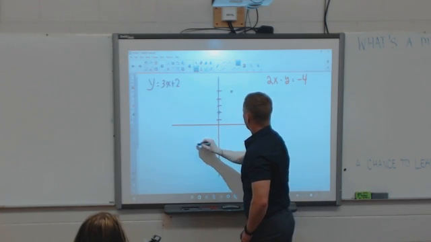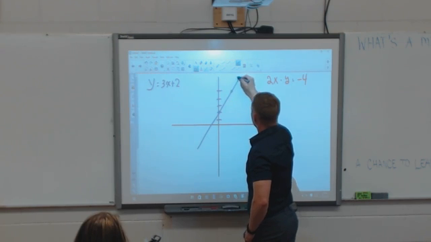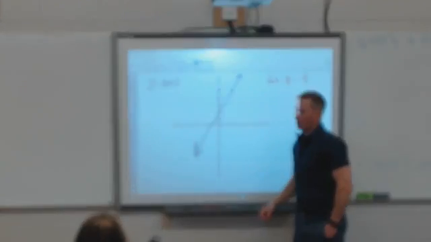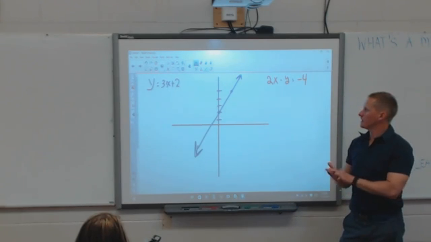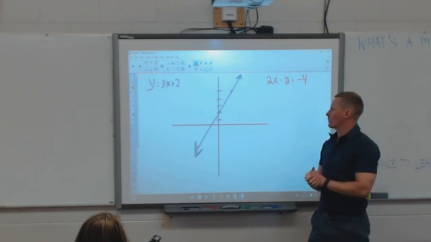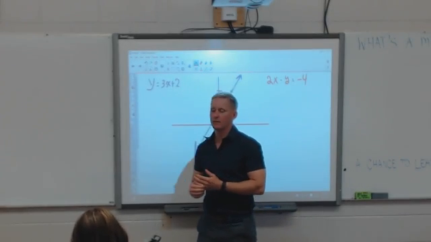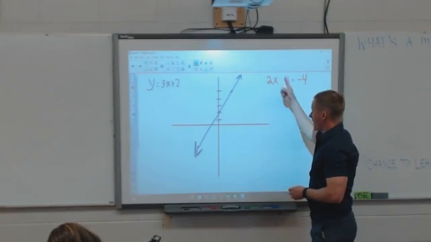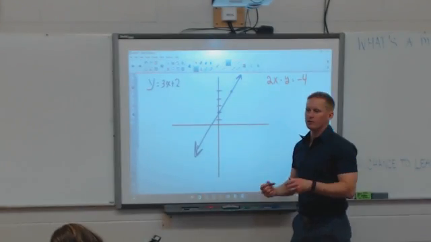Right there. And as soon as I have 2, I draw my line through it. Notice the arrowheads on the ends of lines. Anytime you draw a graph that goes on forever, you must have arrowheads on it. So there's graph number 1. Here's graph number 2.